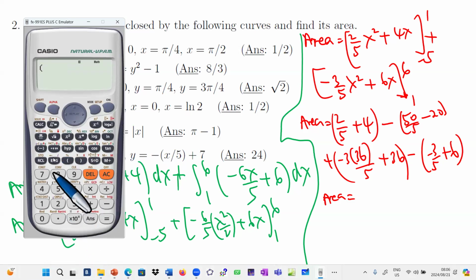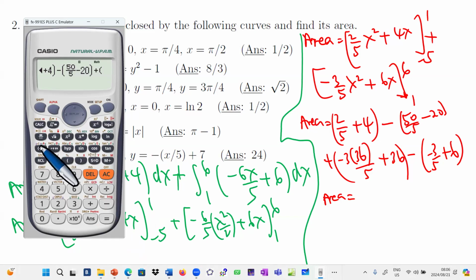Open bracket, 2 over 5 plus 4, minus 50 over 5, minus 20, plus.